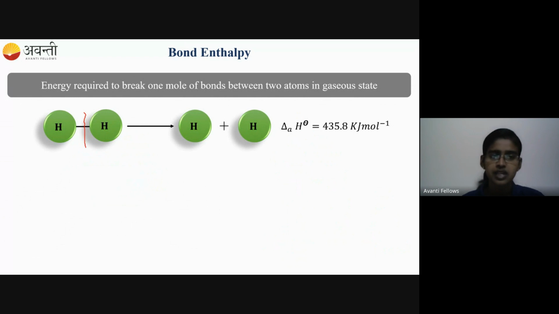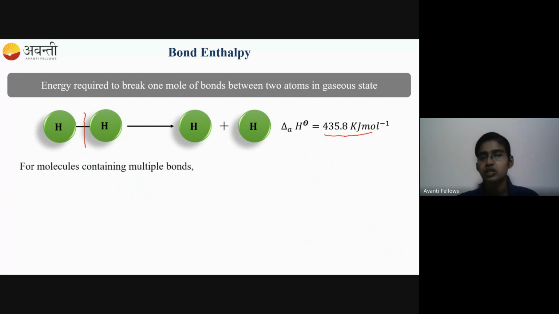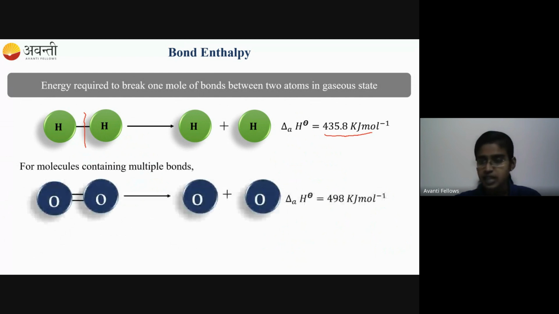Here the energy required to break the hydrogen bond is 435.8 kilojoule per mole. For molecules containing multiple bonds, like oxygen which has 2 bonds, the energy is a little bit higher, because we have to break 2 bonds.